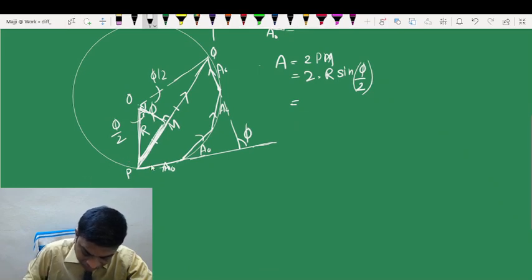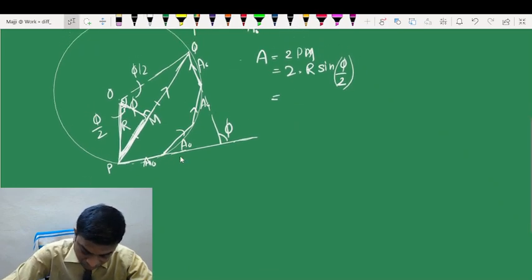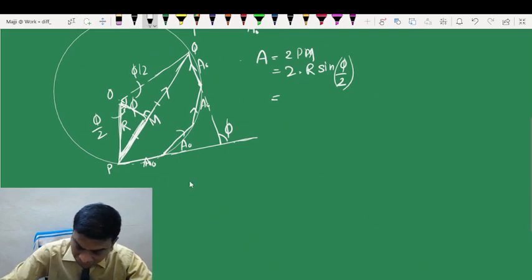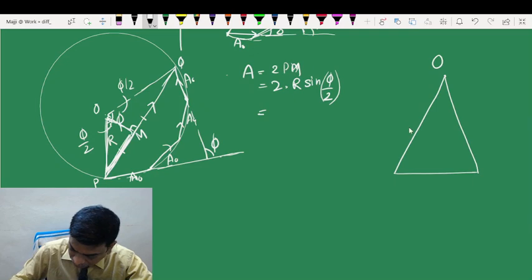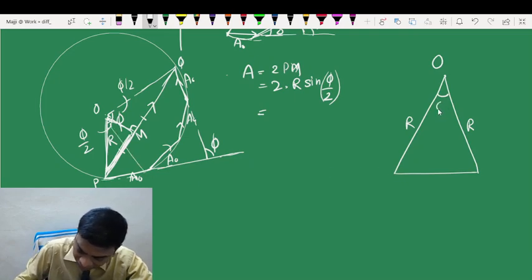Now R can be expressed in terms of A naught. So here, once again O, this R, this R. Each side will subtend an angle phi by n, because there are n sides. So if I divide this, this is A naught, and this angle will be phi by 2n.